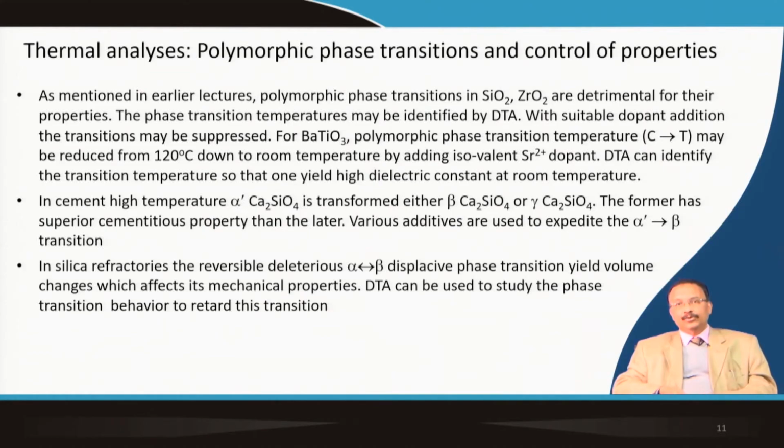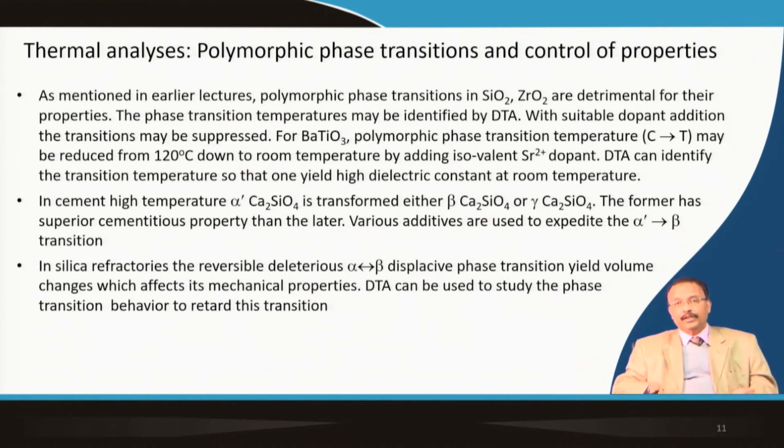Now you can use a suitable dopant. If you remember, in the case of silica, you can use certain dopants. In the case of zirconium oxide, you can use yttria or calcia doped ZrO2, or various rare earths can also be used, so that this kind of phase transition is avoided.